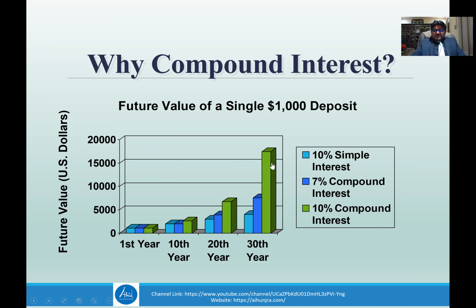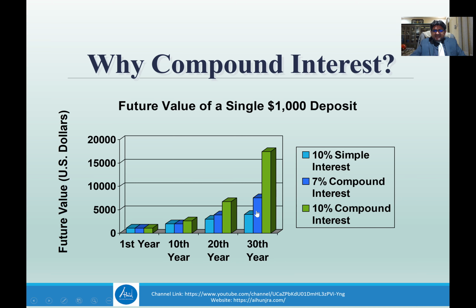The more the time period, the more will be the future value, and higher will be the effect of compounding. Here is the simple interest. It's the future value which is calculated on simple interest at the 30th year. This is the future value on compounding at 7%.